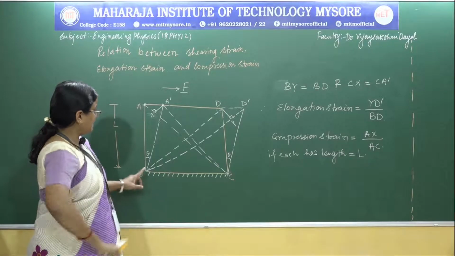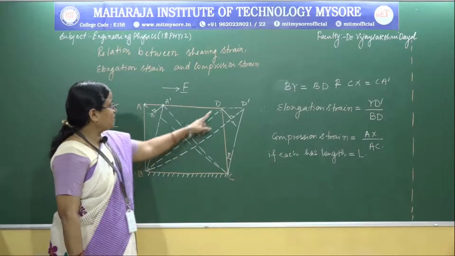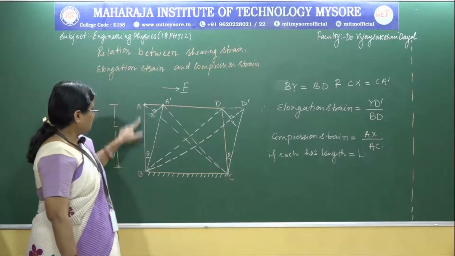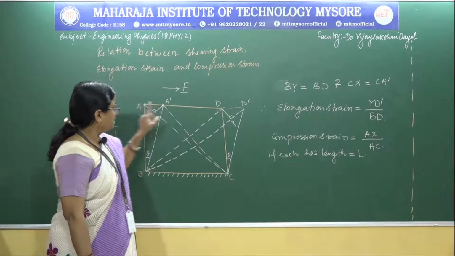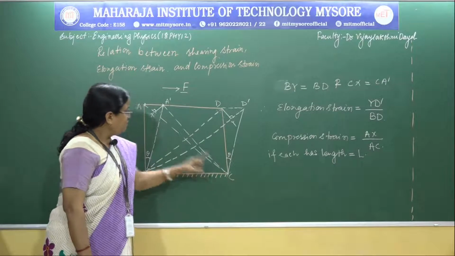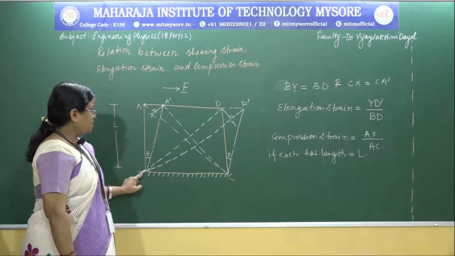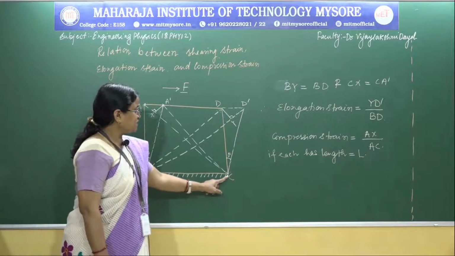The length of the diagonal BD square will be equal to AB square plus AD square, or AC square will be equal to AB square plus BC square.